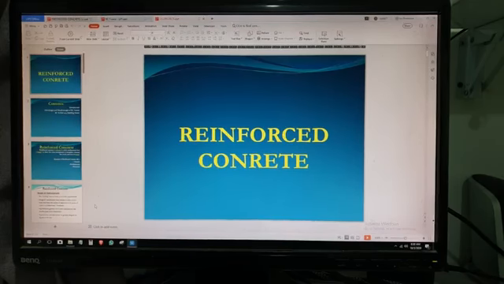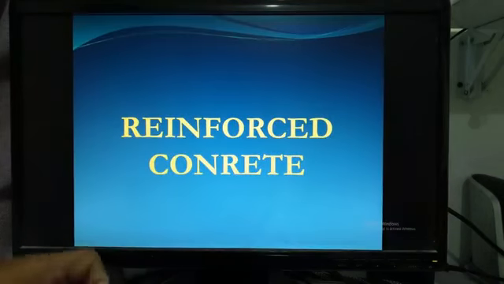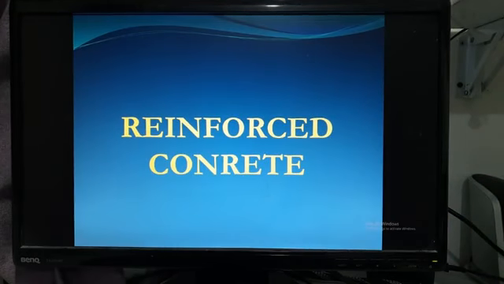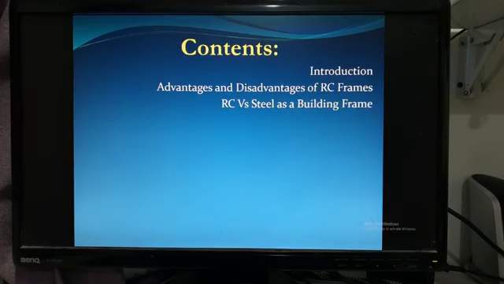The first material that's being used for the creation of superstructure is the reinforced concrete. So these are the contents.